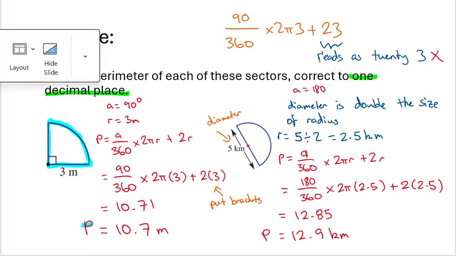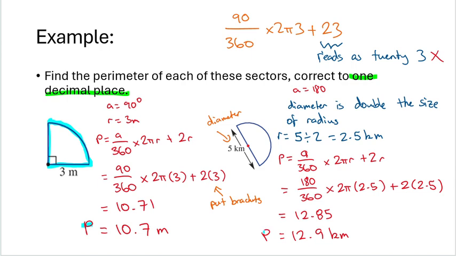So perimeter equals 12.9 kilometers. That's it.